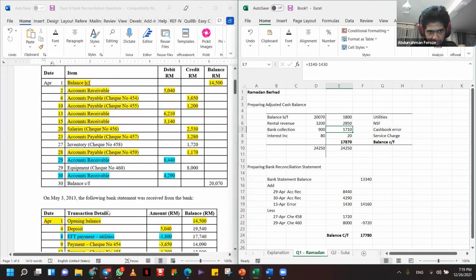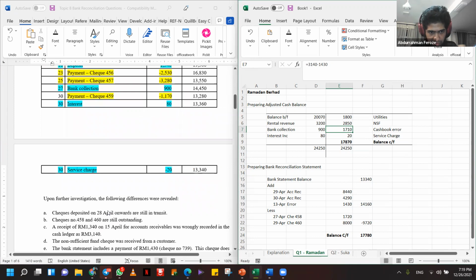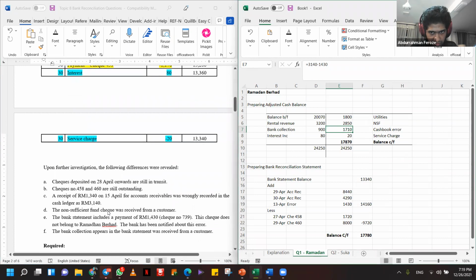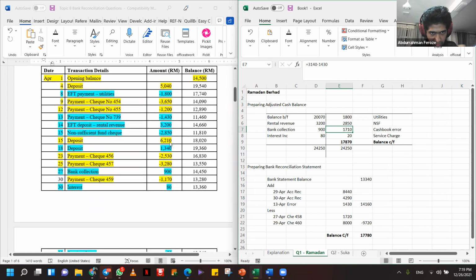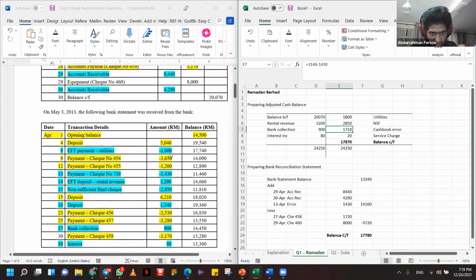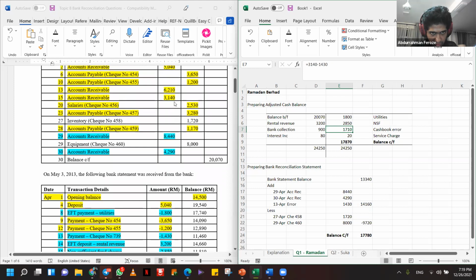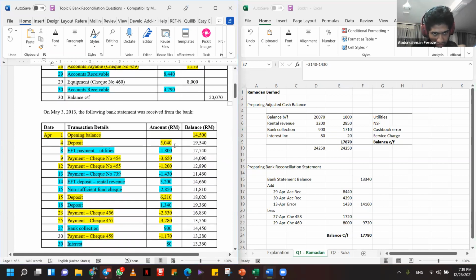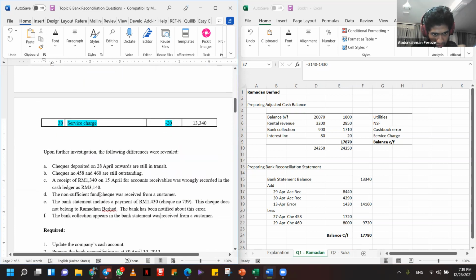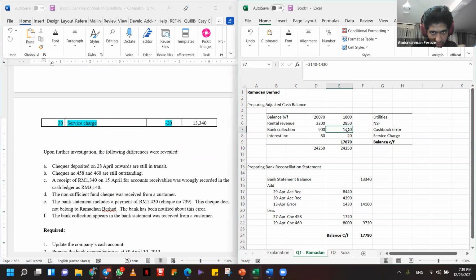Right. Okay. Yeah, that was the error. I had calculated the cash book error incorrectly.